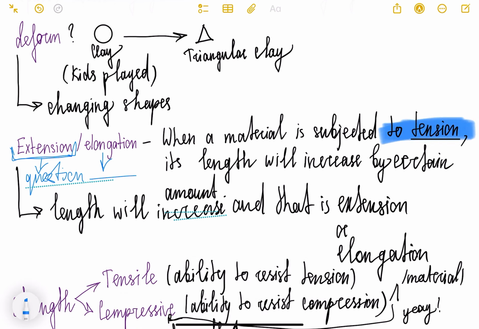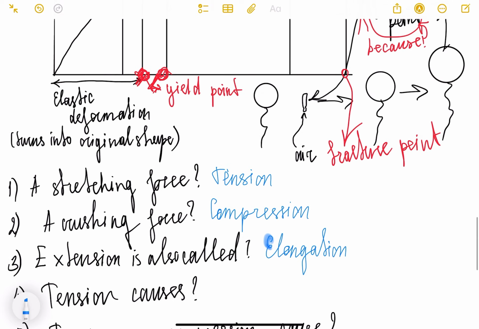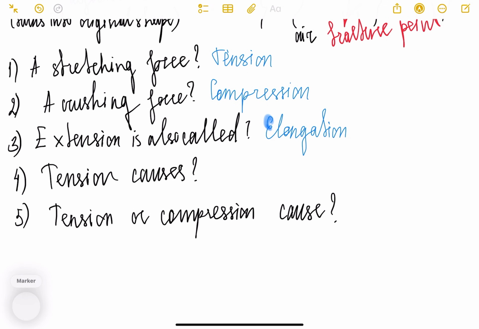It's exactly the same here, right? Then extension or elongation happens. Extension or elongation.